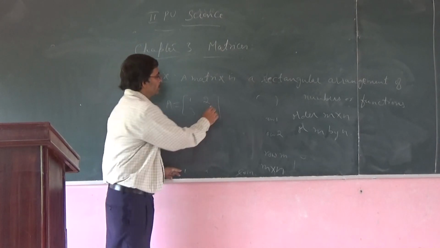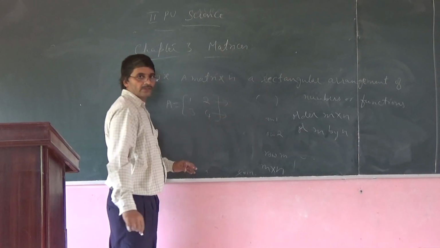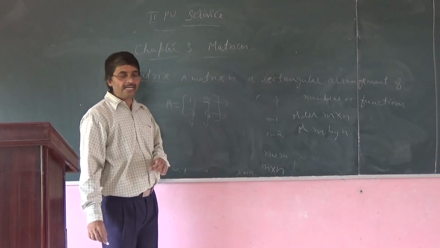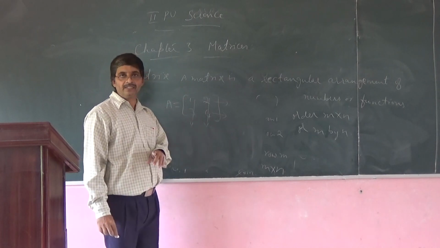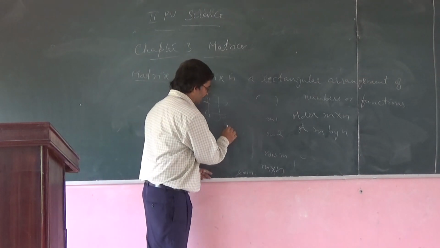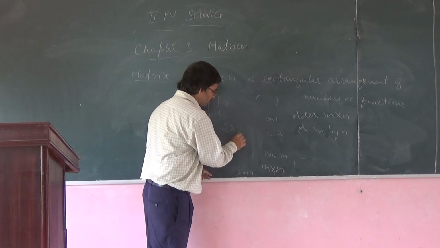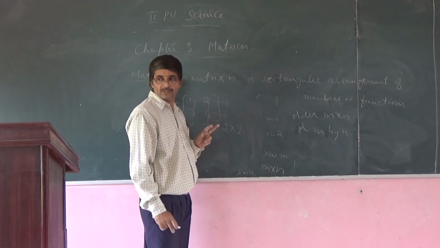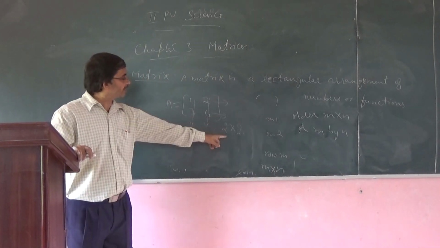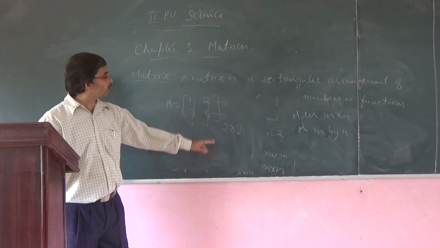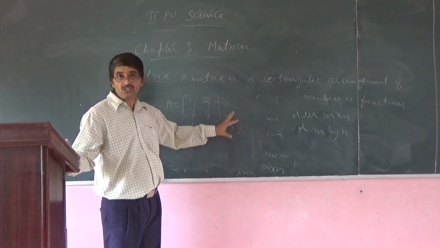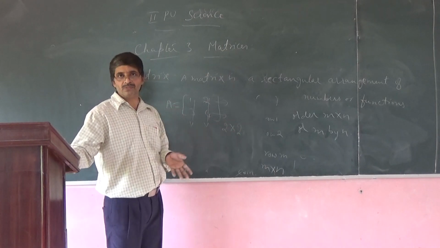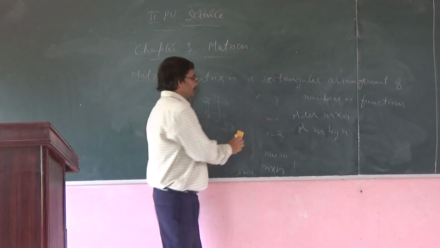Similarly, how many columns? 2 columns. So I can say A is of order 2 by 2. It is written as 2 cross 2 or 2 by 2. So A is a matrix of order 2 by 2. What is the meaning? It has 2 rows and 2 columns. Next example.